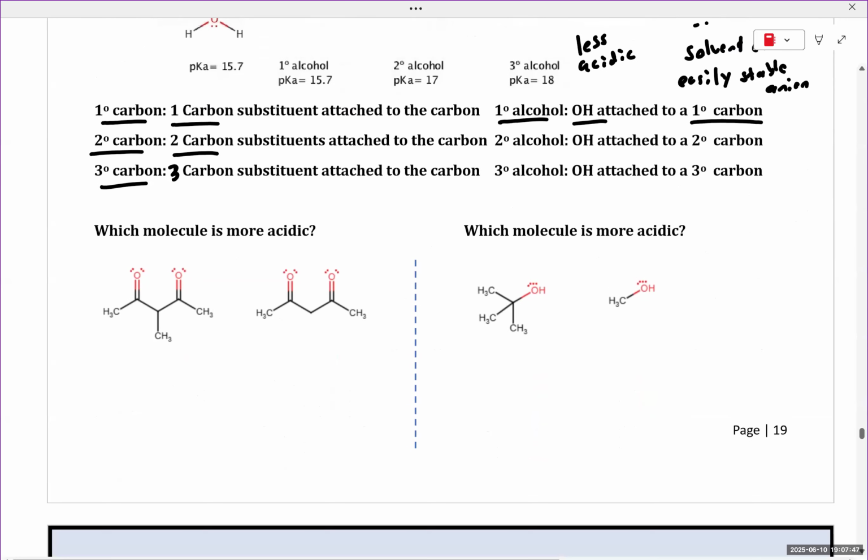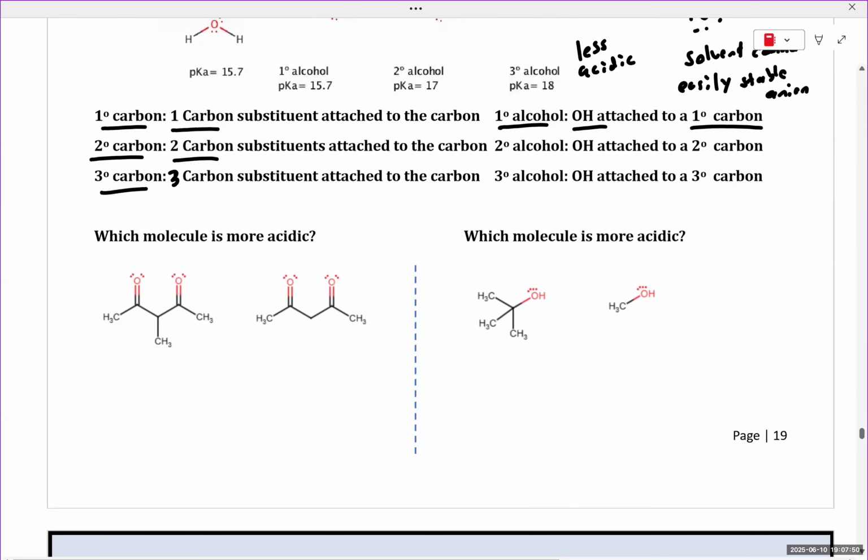So, in this case, let's try to identify which of the following molecules are more acidic, and I'm going to draw out the acidic proton here. So in this case, we have a proton attached to a tertiary carbon versus a secondary carbon.